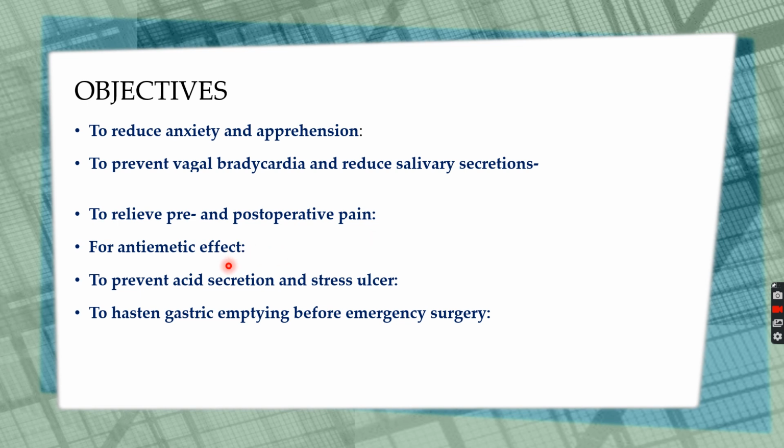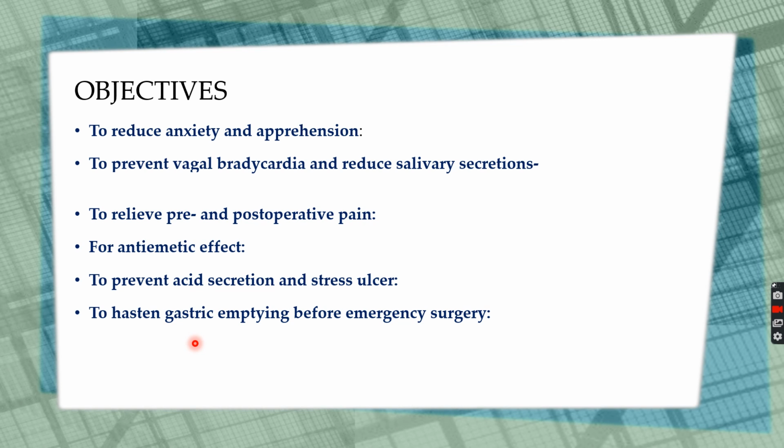Certain anesthetic agents can produce nausea, vomiting. So, for antiemetic effect, we have to give certain drugs. Now, this whole process of general anesthesia and the stress associated with it can lead to increased acid secretion, leading to stress gastric ulcers. So, we have to prevent that.